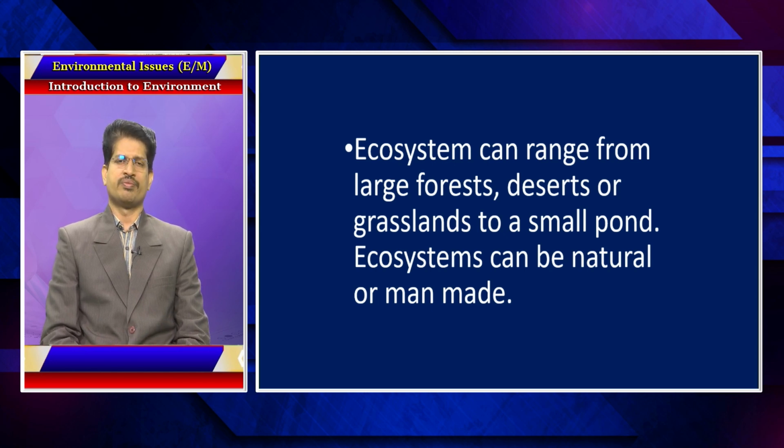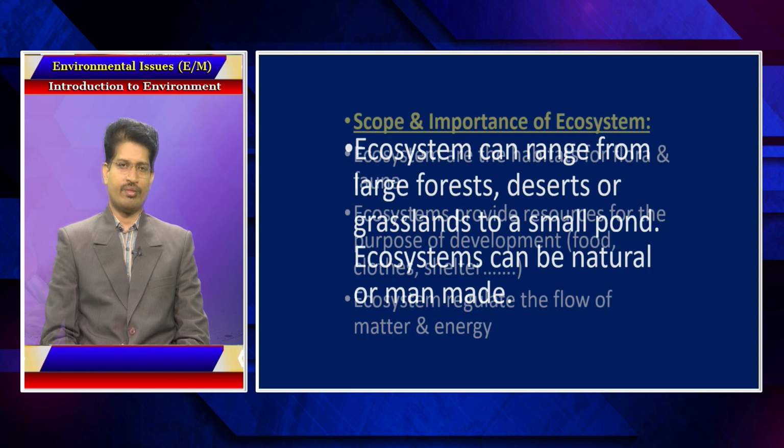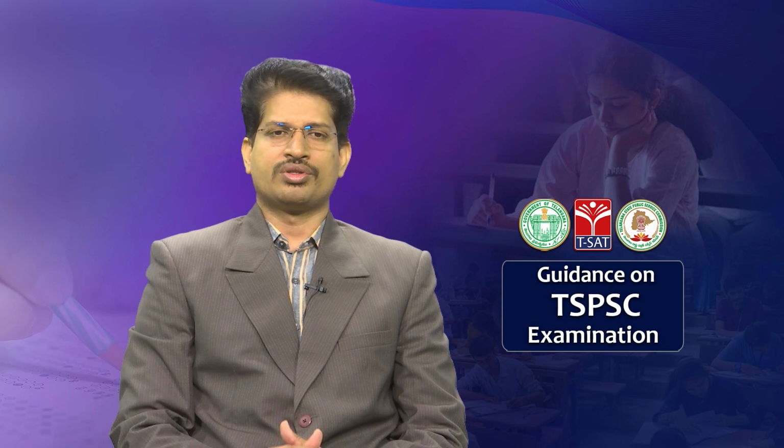Different regions of the topographical features of the earth have different ecosystems, some man-made and some natural. What are the examples of ecosystems which are natural? What are the examples of ecosystems which are man-made? I will be giving you some examples here.